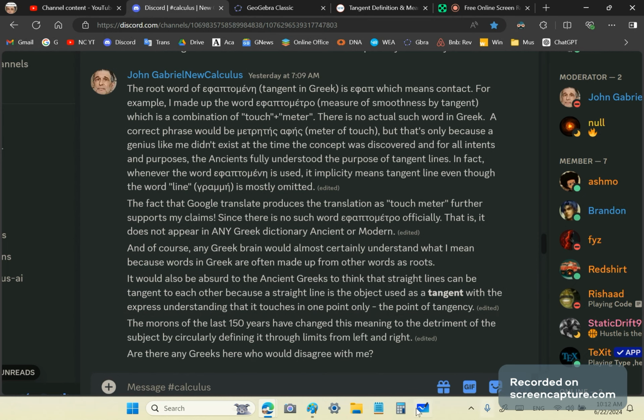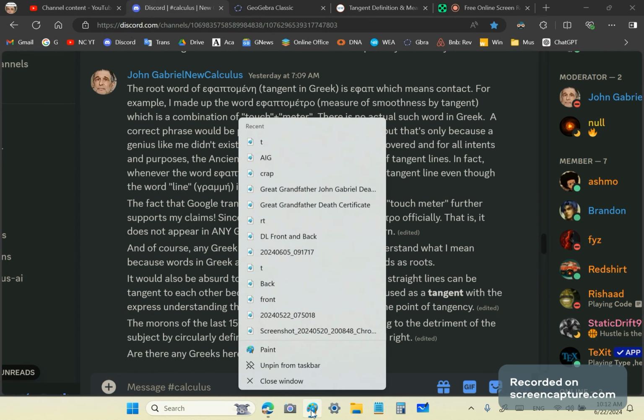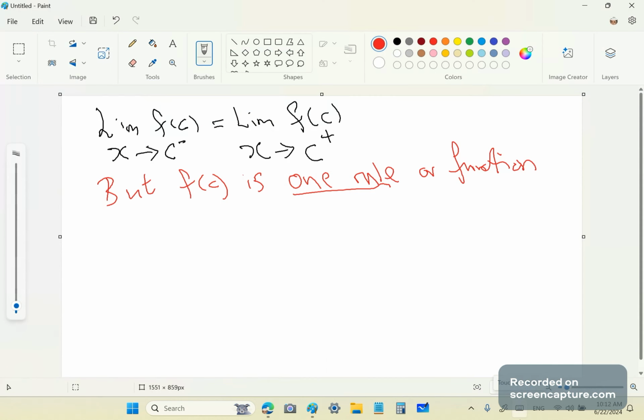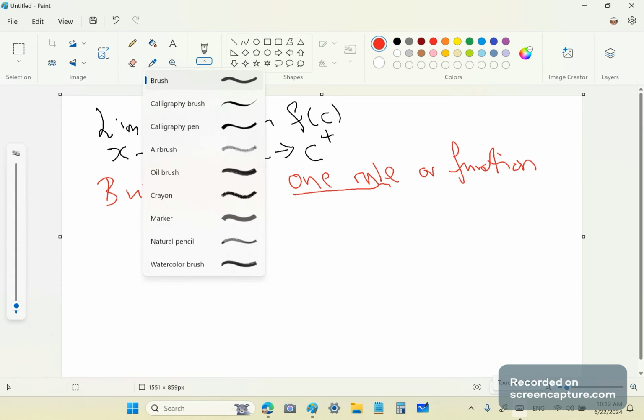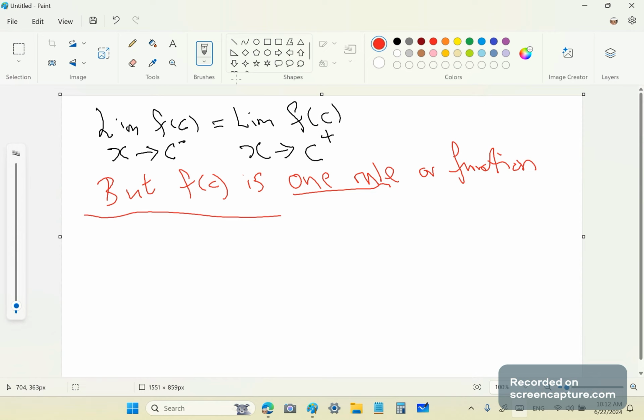So maybe it would help if we just wrote these things down. The Greek word for touch is aphi. Okay. And the Latin word is tactus. Okay.